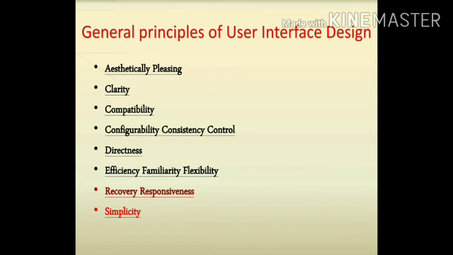So the system must also be responsive and should have recovery capability. That is, a system should permit commands or actions to be abolished or reversed, with immediate return to a certain point if difficulty arises.